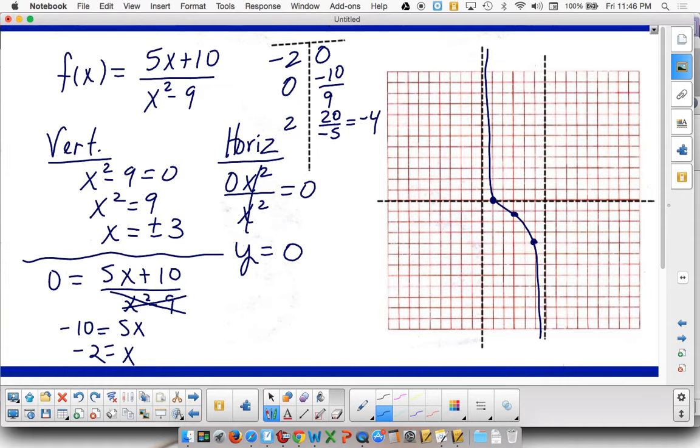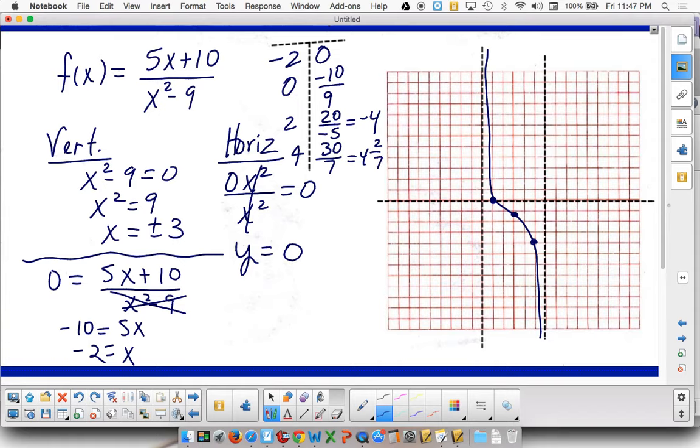Now, there has to be something, however, out on the outer edges of those asymptotes, so you need to pick a number outside the verticals. If the verticals were at 3 and negative 3, pick another number past 3 and negative 3. Once again, I don't like to do big numbers, so I'm probably going to do 4. If I do 4 here, that'd be 20 plus 10 is 30. 4 on the bottom, 16 minus 9 is 7. 30/7 is about 4 2/7.